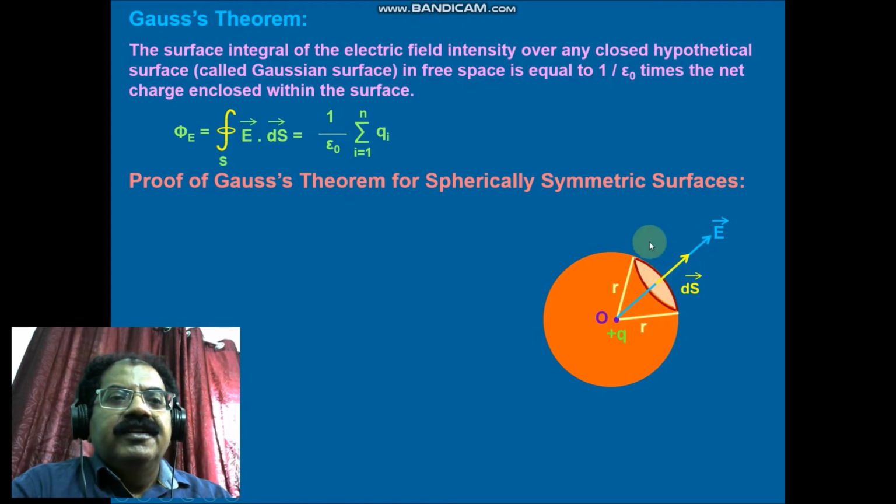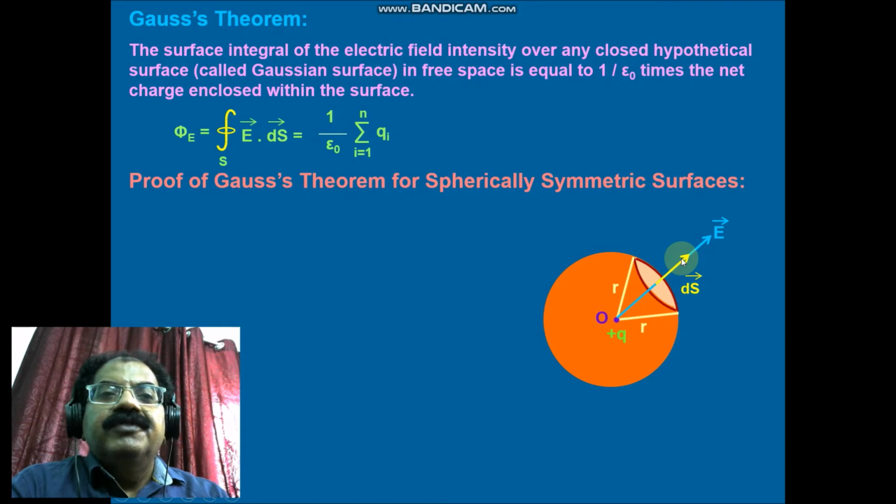Because for the charge Q the electric field lines go all around, like this, like this. So at this point the direction of electric field will be this side. And this yellow arrow shows the direction of the surface area, the area vector, which we discussed in yesterday's class.